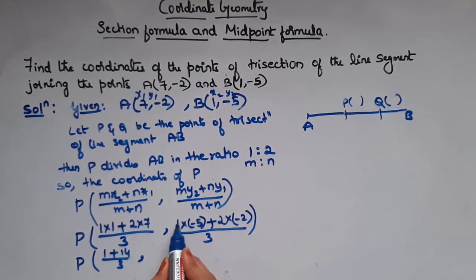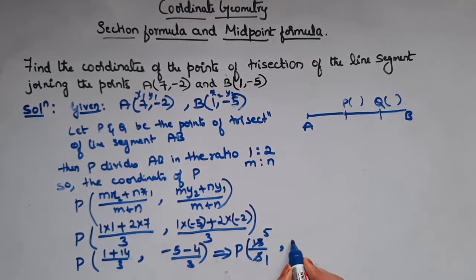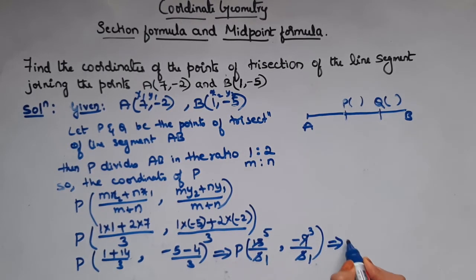And here we have 1 into minus 5 is minus 5, plus into minus is minus, 2 2s are 4 by 3, which implies P of 14 plus 1 is 15 by 3, so 3 1s are 3, 5s are 15. Similarly here we have minus 5 and minus 4 will give you minus 9 by 3. So 3 1s are 3, 3 3s are 9. So therefore the coordinates of P are 5, minus 3.